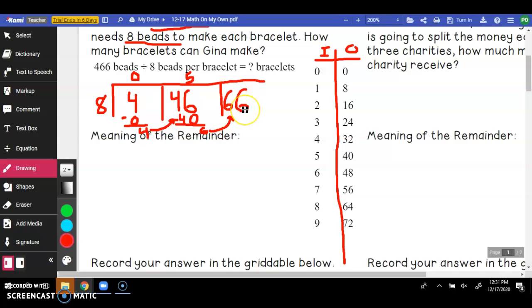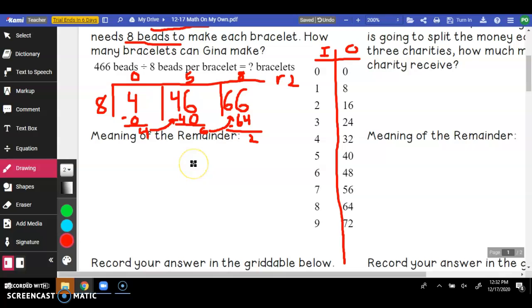So now I have 66. Okay, now 66 is greater than 64, but less than 72, so I have enough to make 8 groups. I have enough to make 8 groups, which will use up 64 of my beads, which means I will have 2 left over. So my answer here is 58, remainder 2.